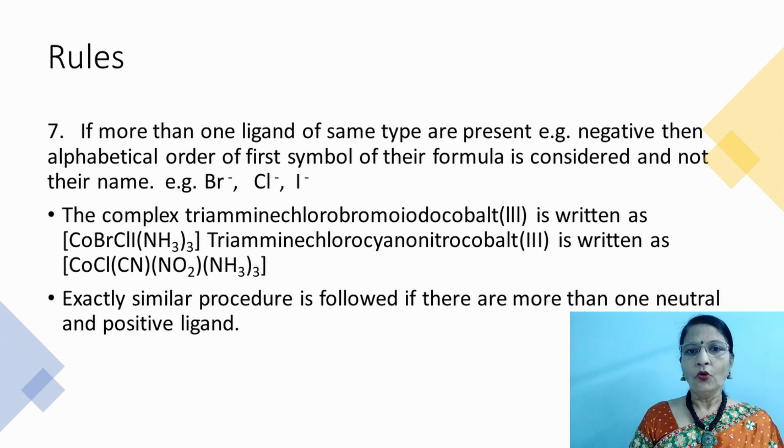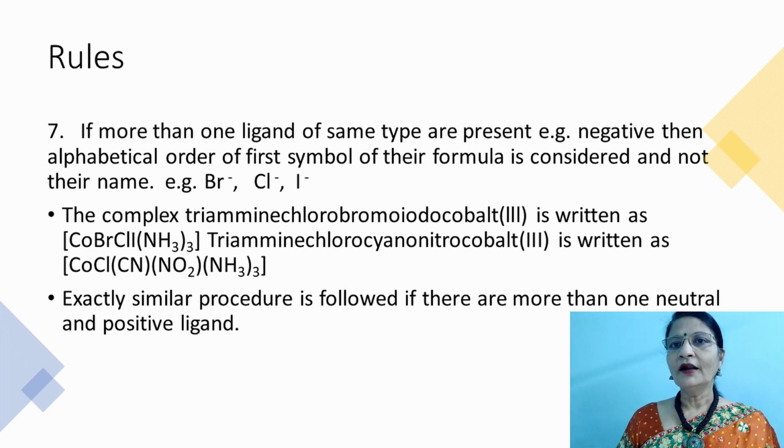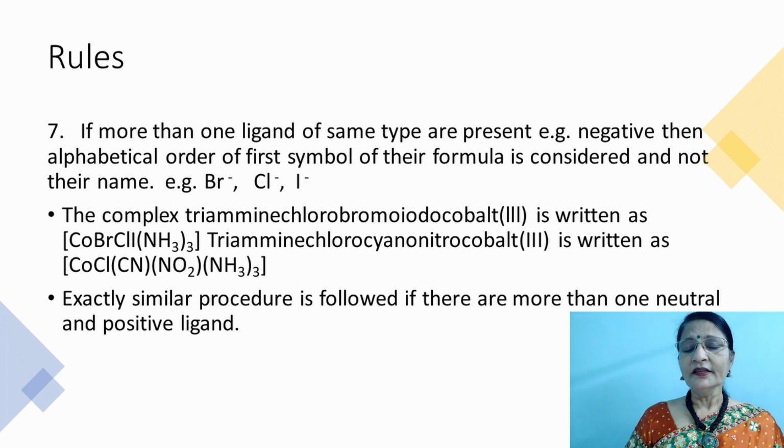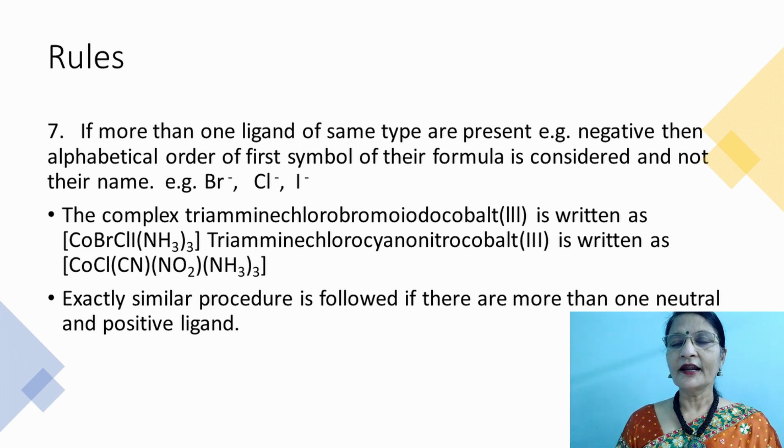When we consider the complex containing these ligands, this complex is triamminechlorobromoiodocobalt(III). It is written like this: Co is the central metal ion, that is, the metal ion is written first, followed by the ligands. In case of the ligands, we first write the negative ligand followed by the neutral ligand and then the positive ligand if it is present.